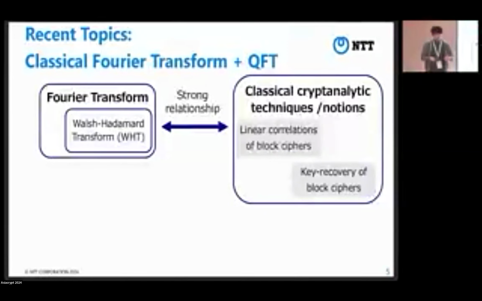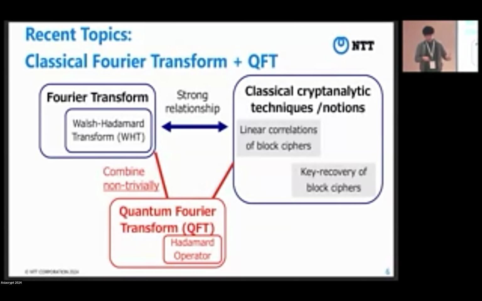And next, I'd like to explain some recent topics in the area of quantum cryptanalysis on symmetric key cryptography. In the classical setting, there is a very strong relationship, or deep connection, between the Fourier transform, or its special version, the Walsh-Hadamard transform, and some classical cryptanalytic techniques or notions, such as linear correlations or some techniques about key recovery of block ciphers.